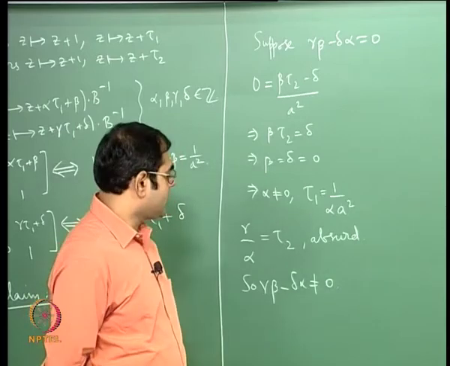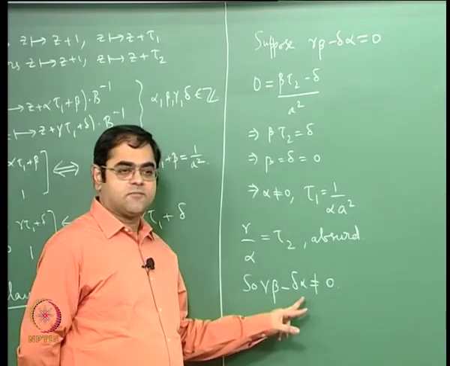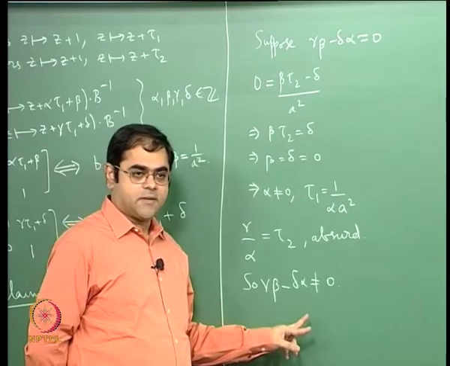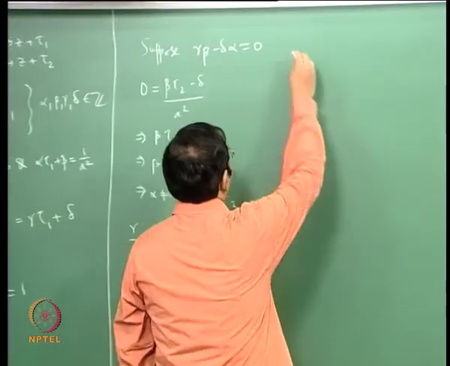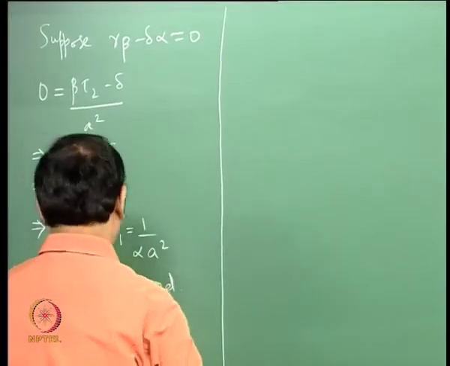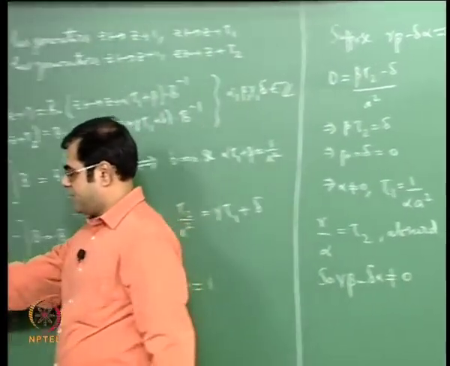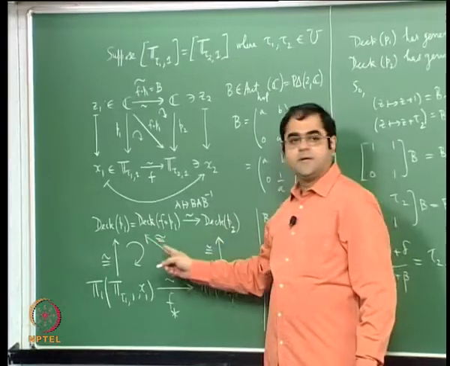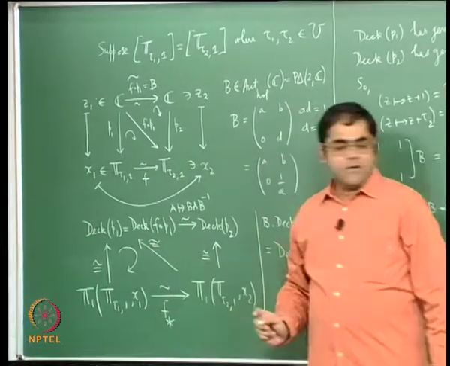So now we need to see why gamma beta minus delta alpha is actually equal to 1. For that, what one needs to do is to look again at this diagram here and look at it carefully.